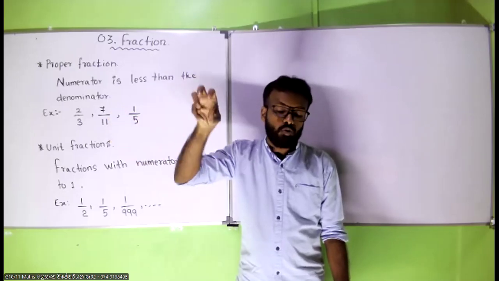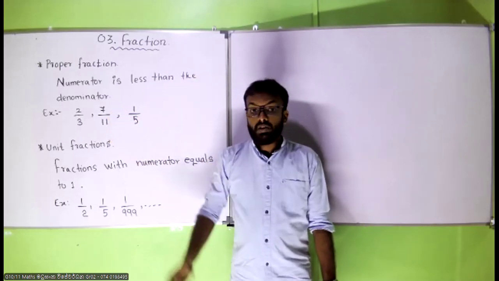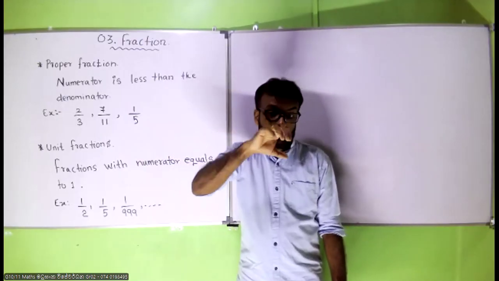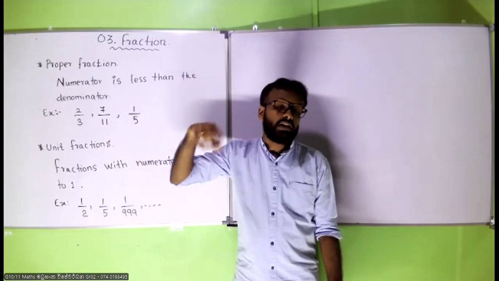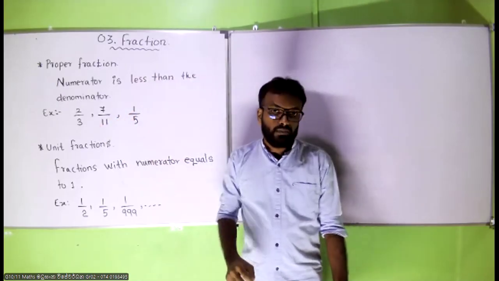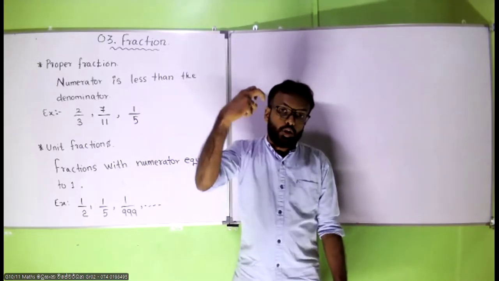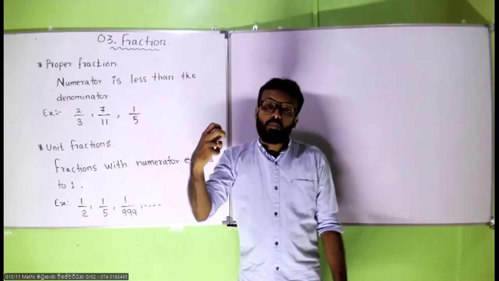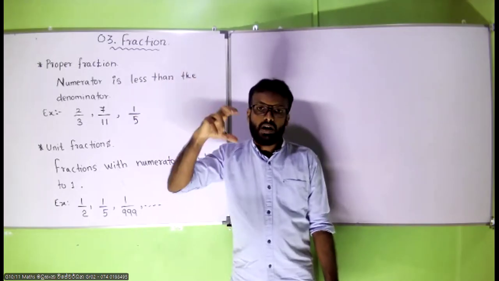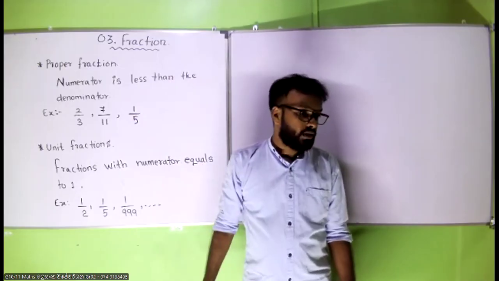Then how to compare those two fractions? Sometimes the denominator is fixed and the numerator differs. Sometimes the numerator and the denominator are both different. So how are we going to compare?